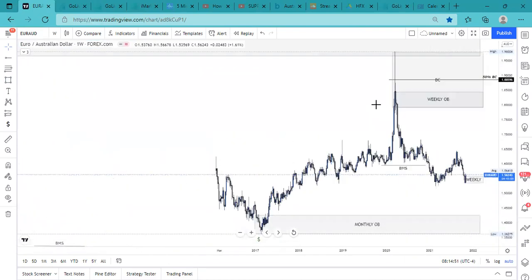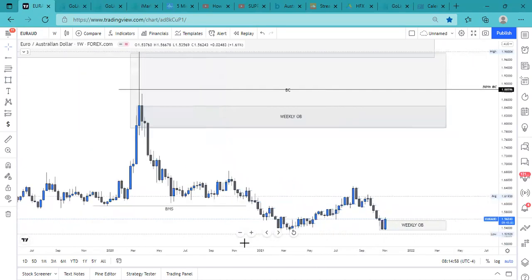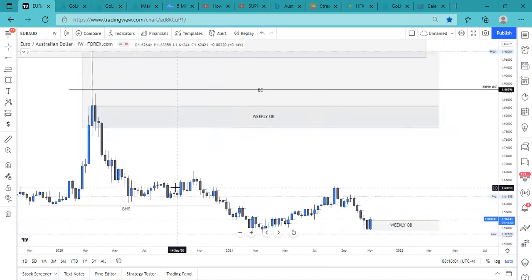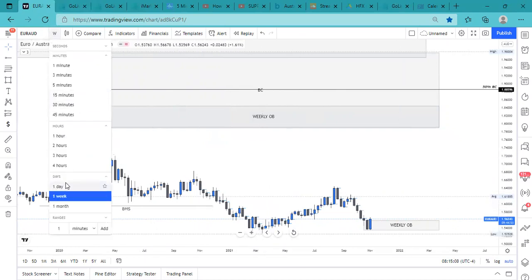So you see the retracement down, a break of structure, price retraced into that immediate zone, looked at that breakup block in that zone and continued selling. So now I'm going to go to the daily. Daily is more structural.